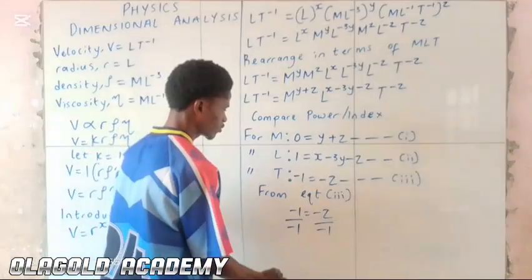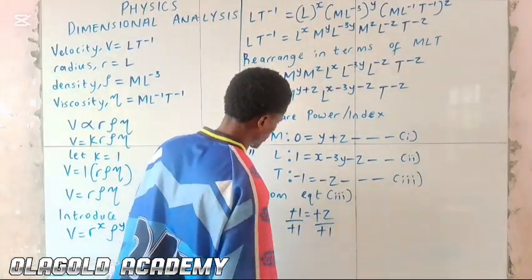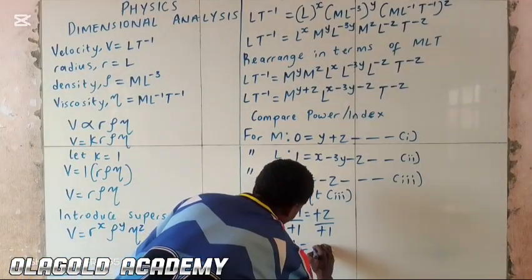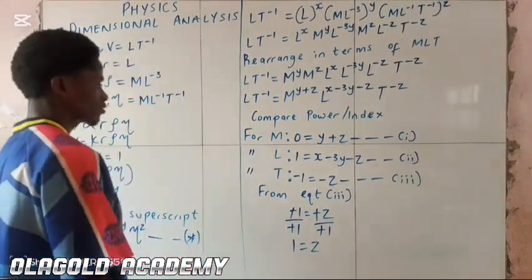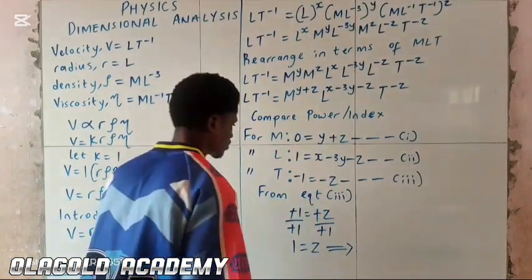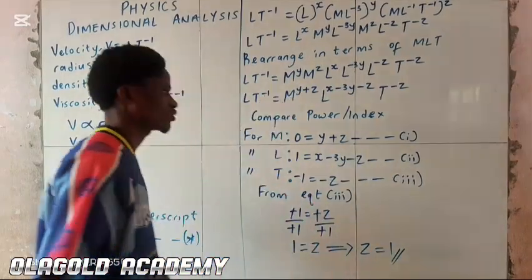So minus cancel minus, minus cancel minus. So we have 1 equal to z. This implies that our z equal to 1. So we have this.